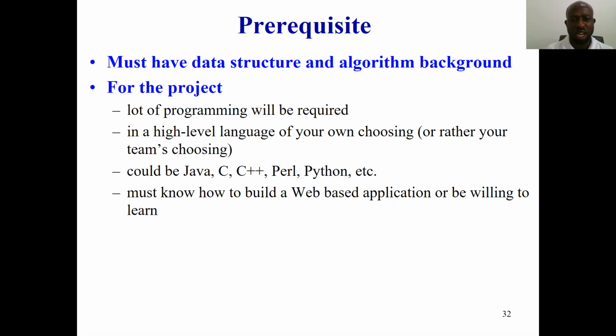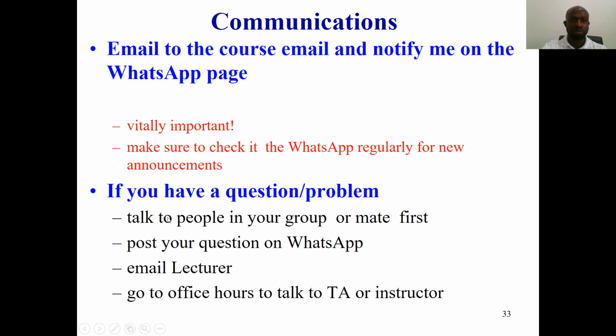At least you must also know how to build a web-based application, or be willing to learn. So even if you don't have the foundation, that is, if you don't have knowledge in Java, C, and C++ or Python, you should also be willing to learn, because I will introduce you to Java, C, and also C++, which will help you in writing or developing a good database management system.